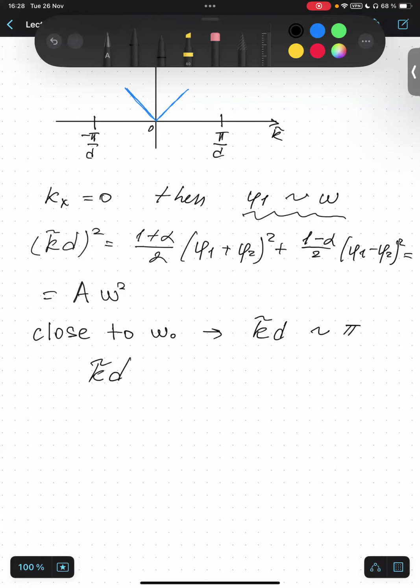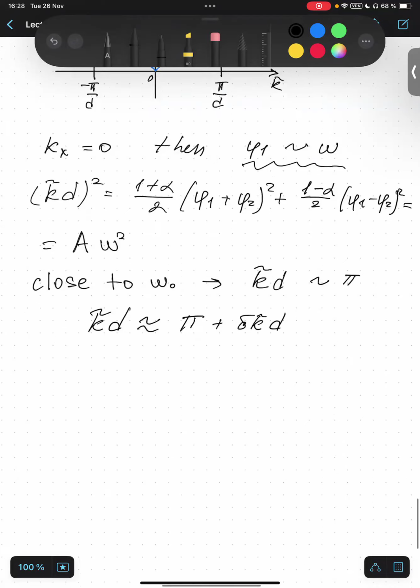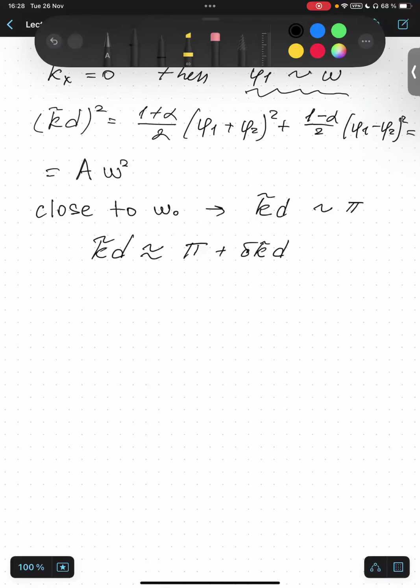Therefore, we can write that it is pi plus some delta k and d. And we can substitute it into our dispersion equation. So let's do it. Cosine kd equal to 1 plus alpha over 2.